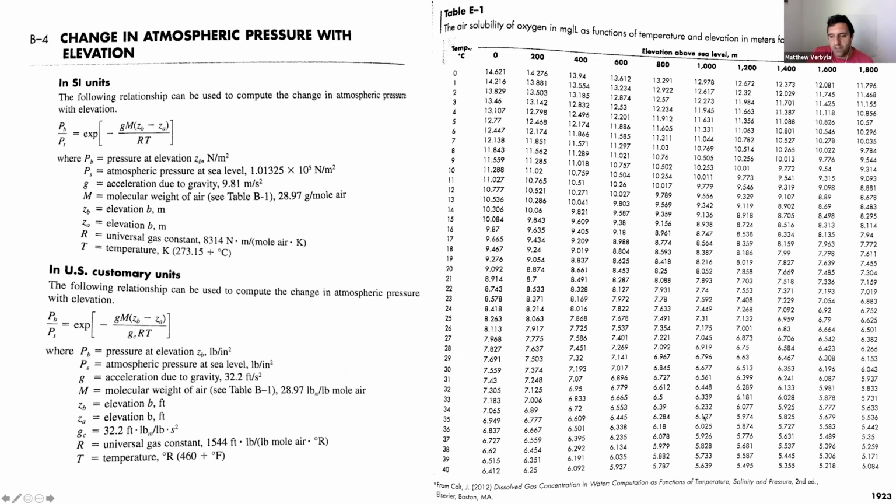All right, and that changes as you increase the temperature, the amount of oxygen that you can get into the wastewater decreases. And as you increase the elevation, same thing, you have less pressure, so the maximum concentration of oxygen that you can get into the wastewater decreases.